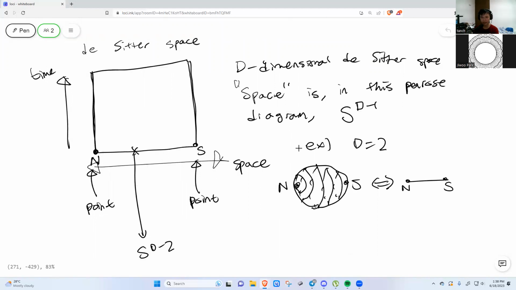Yes, we are projecting out a few spatial dimensions. What you can draw are two null lines here.